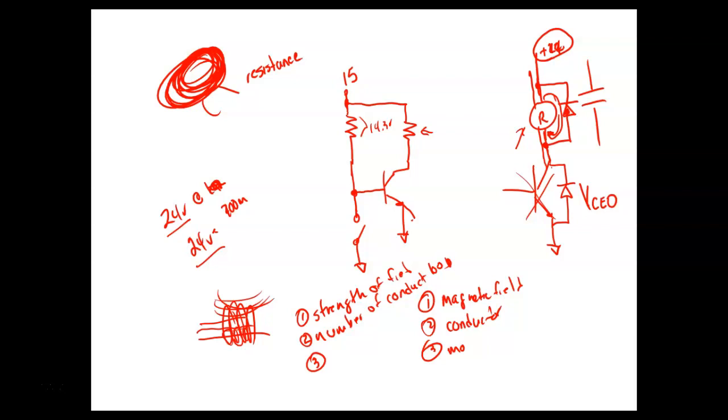So saturated switches, guys, these are fairly easy to design, and we use them all over the place. What it allows is the little switches that turn these things on. So out on your car, you can turn on your lights.